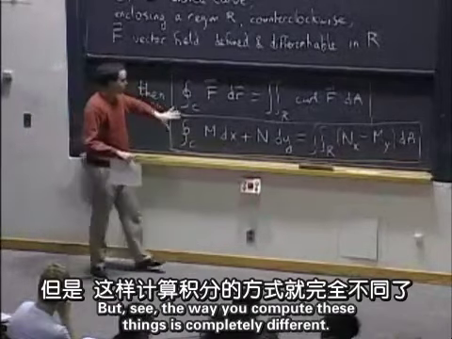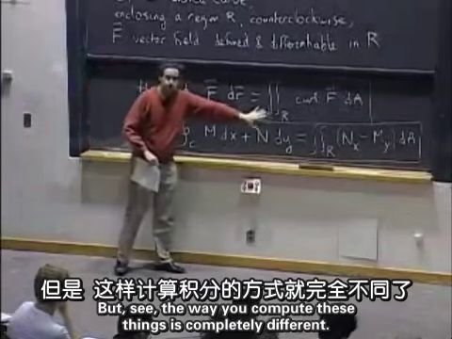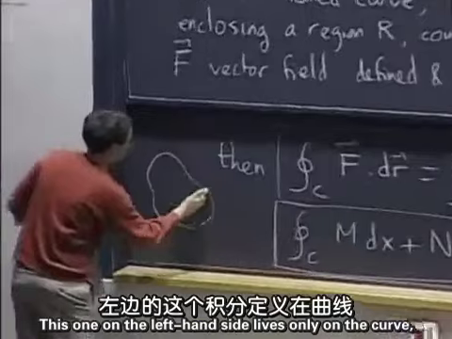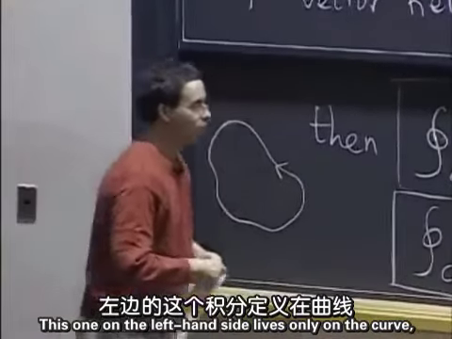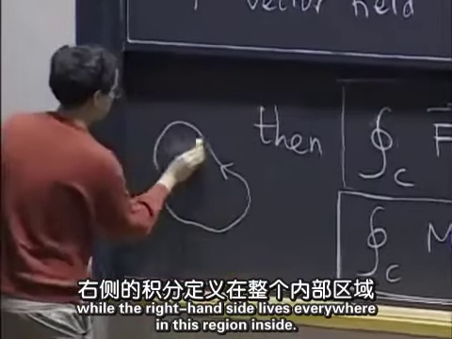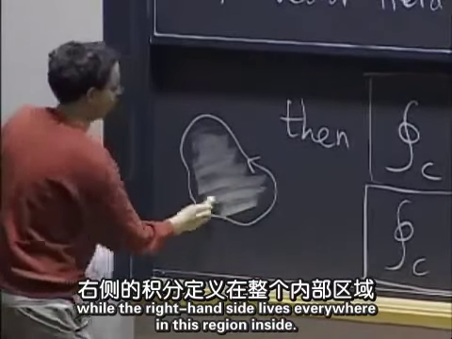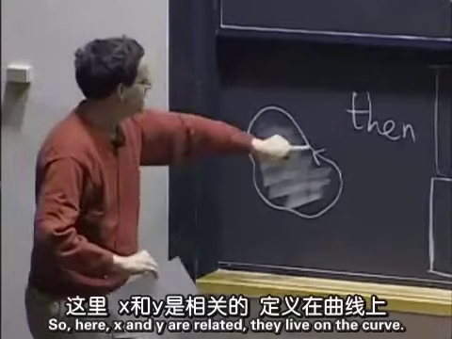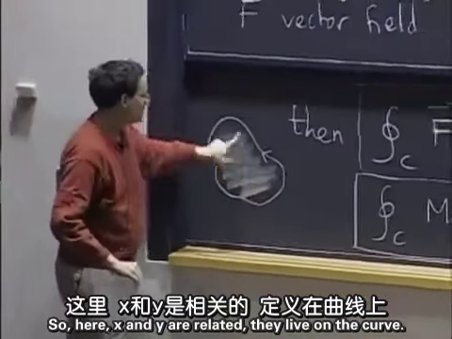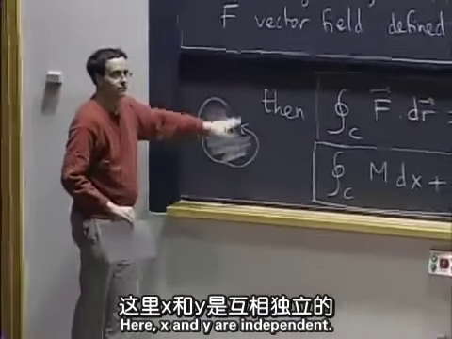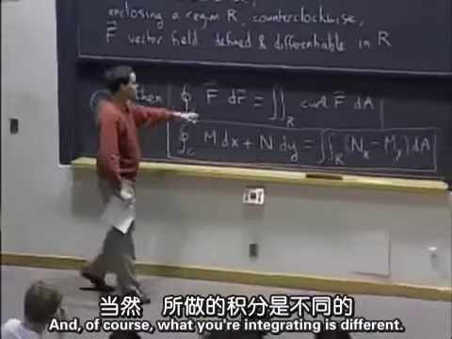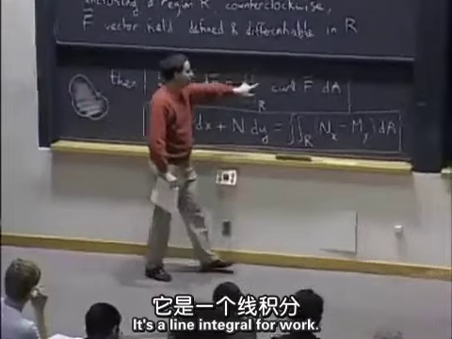But see, the way in which you compute these things is completely different. This one, on the left-hand side, lives only on the curve, while the right-hand side lives everywhere in this region, inside. So here, x and y are related, they live on the curve. Here, x and y are independent. There just are some bounds between them. And of course, what you're integrating is different. Here, it's a line integral for work.